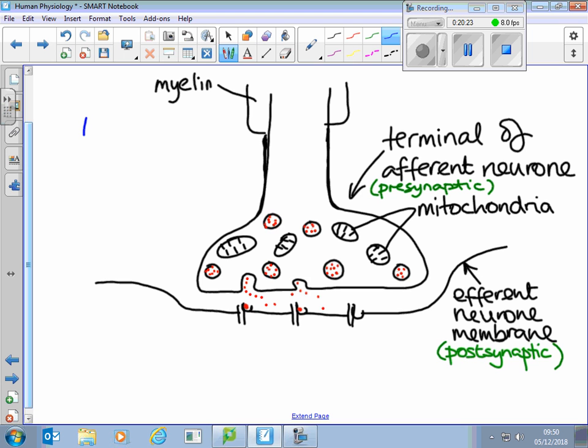So my first step would be that and I'm just going to put AP for action potential arrives at the terminal, opening Ca2+ channels.